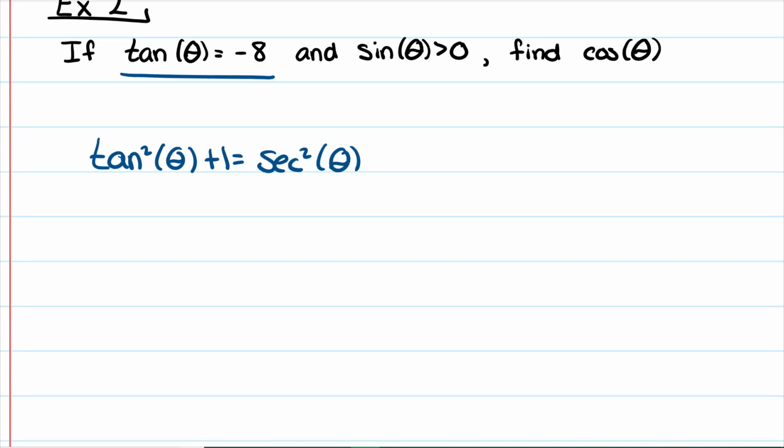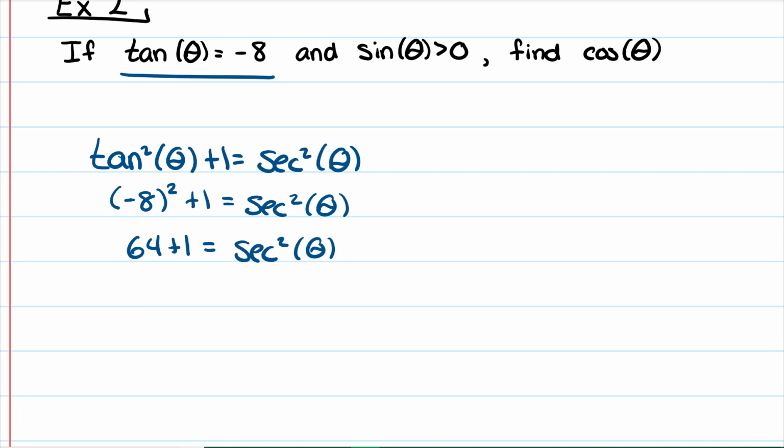So now we know that tangent of theta is negative 8. So I get negative 8 squared plus 1 is equal to secant squared. So 64 plus 1 is secant squared. So 65 is secant squared. And then you square root both sides, and don't forget the plus or minus.